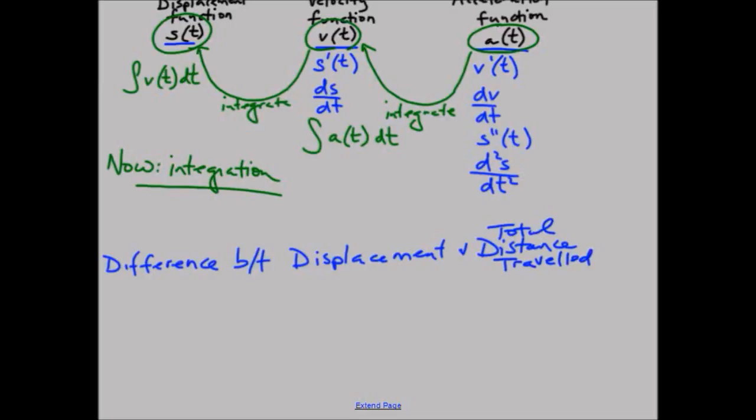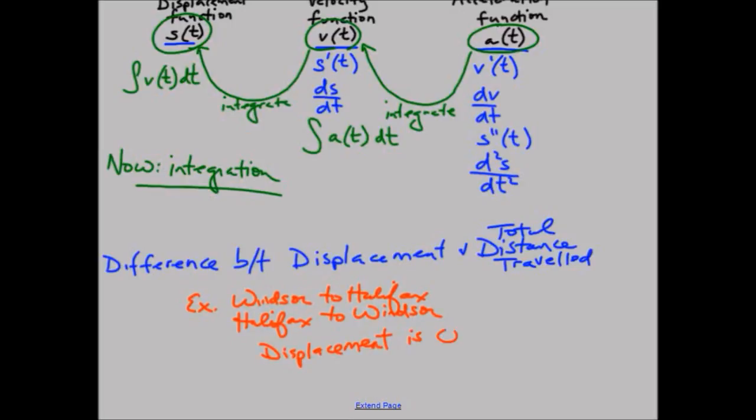All right, so for example, if we are in Windsor and we travel to Halifax, and then we travel back from Halifax to Windsor, our displacement is 0. But the total distance traveled is not 0, of course.